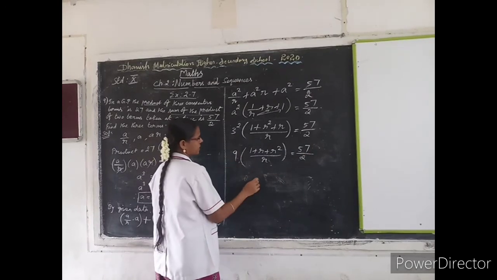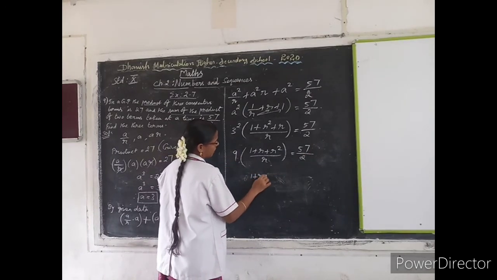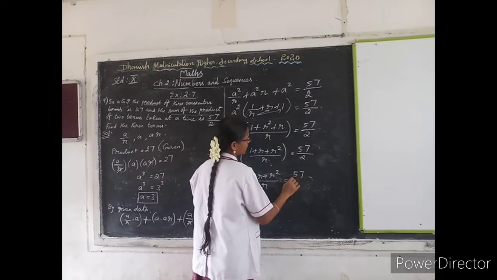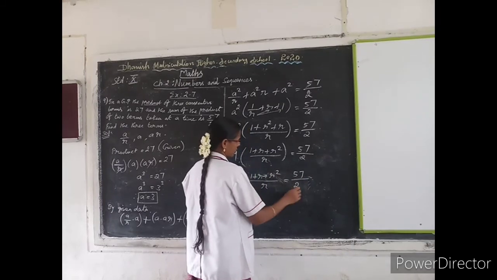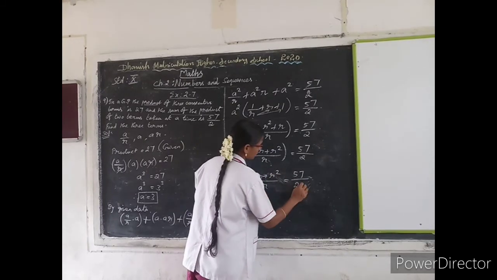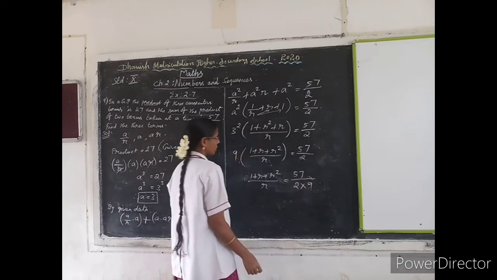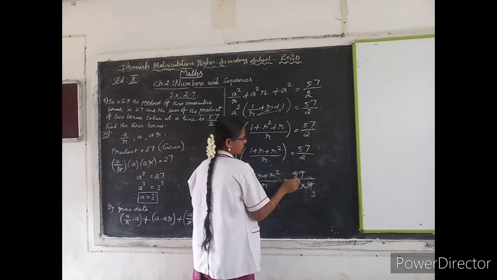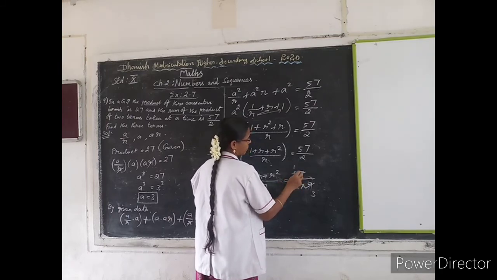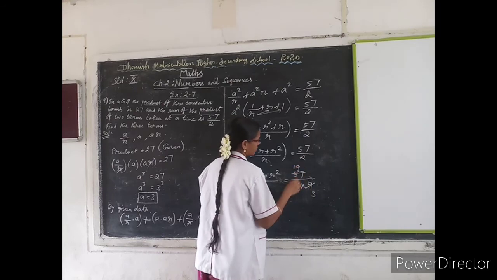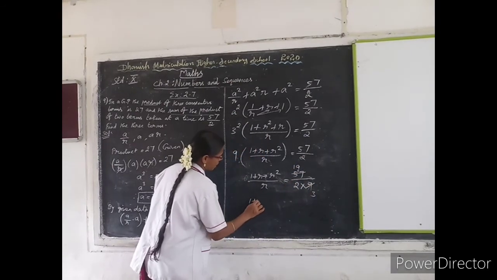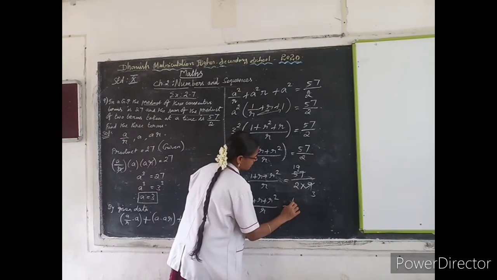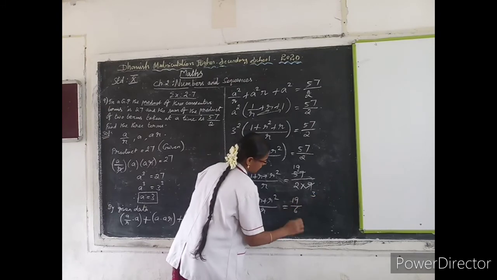Transfer this 9 to that side. Here (1 plus r plus r square) by r is equal to 57/2, which is already there. Now this 9 comes to the denominator. Now cancel by the 3 table: 3 3s are 9. Here take this by 1 time, the balance is 9 times. So (1 plus r plus r square) by r is the LHS. RHS is 19/2 into 3, that is 19/6.